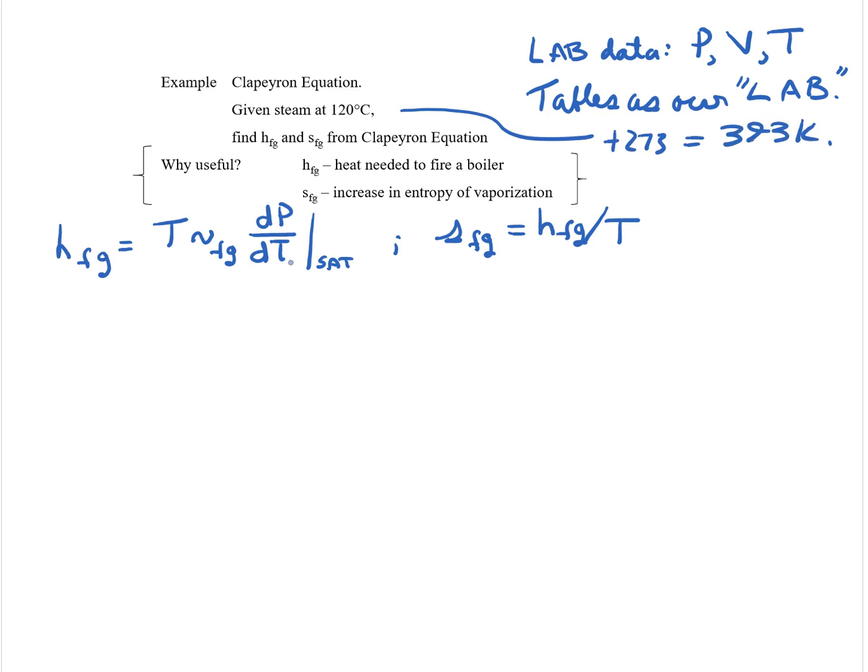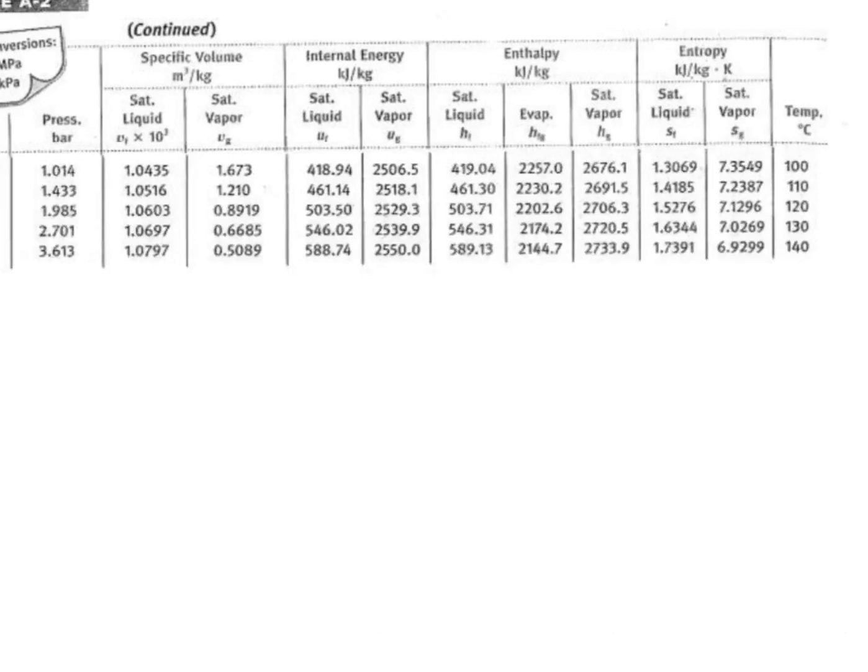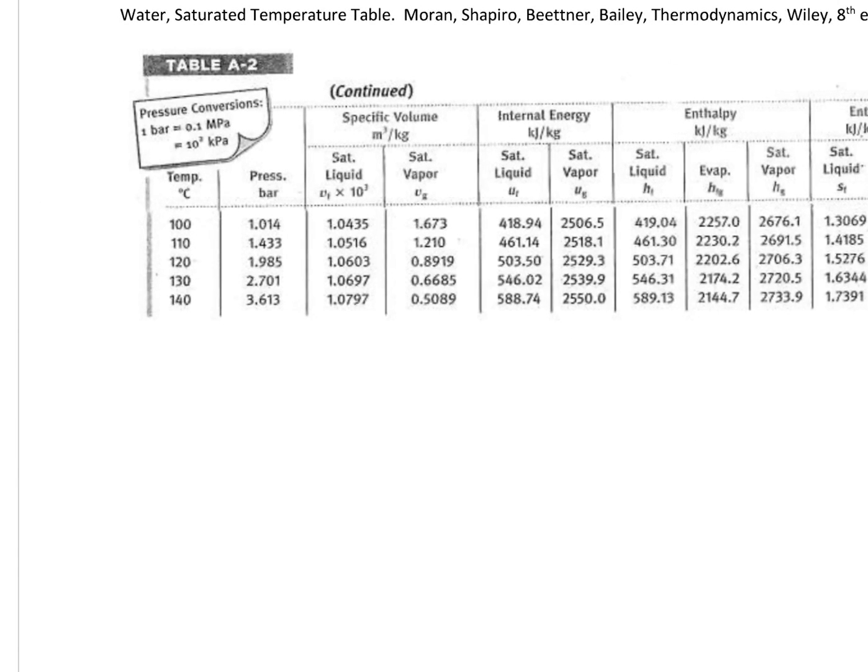Let's start with the steam table for water, saturated temperature. We want to find VFG. I've got a table here, and at 120 centigrade, VFG is the difference between the vapor value and the liquid value.